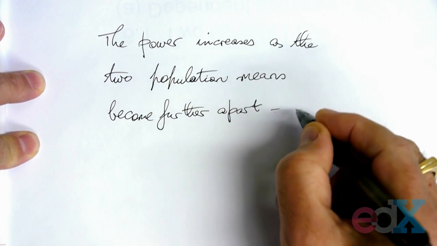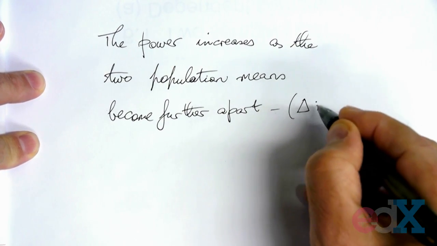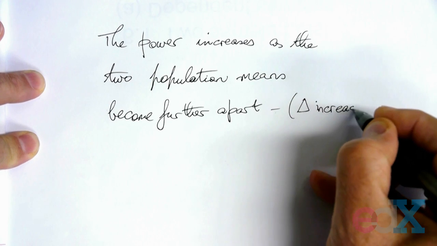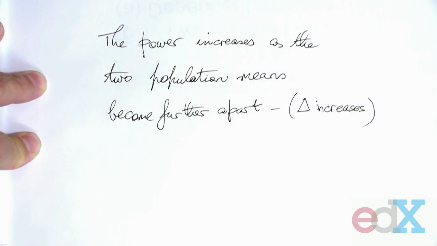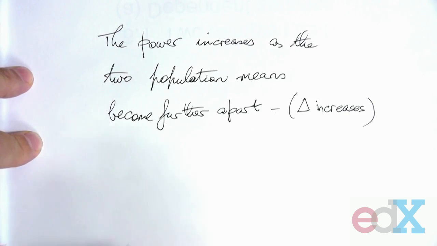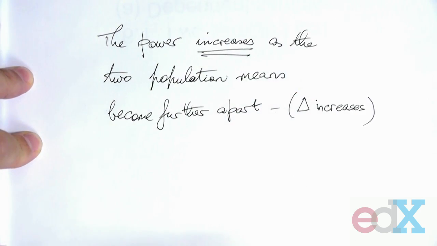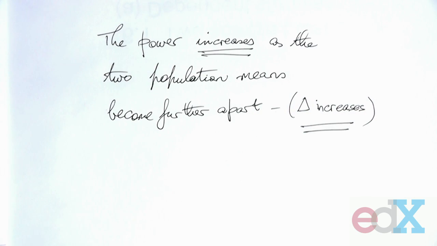Or we can say as delta increases, where delta is the distance between them. And if you think about it, this makes a lot of sense: if the diet that the flab rat is on is going to make them that much heavier, then it's going to be that much easier to distinguish from the flab rat who's not on the diet. That's all this says. So the power increases as the delta increases, all of that holding alpha constant.